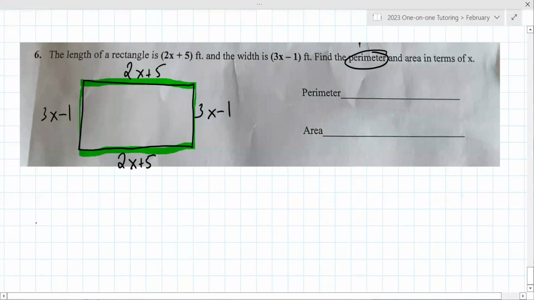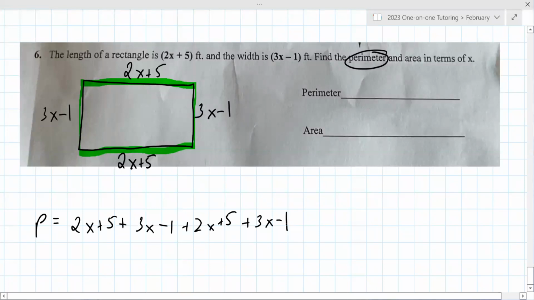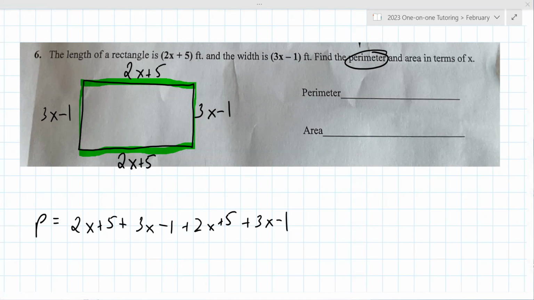So the perimeter is 2x plus 5 plus 3x minus 1 plus 2x plus 5 plus 3x minus 1. So can you combine like terms, add that up for us? Let me know what you come up with.